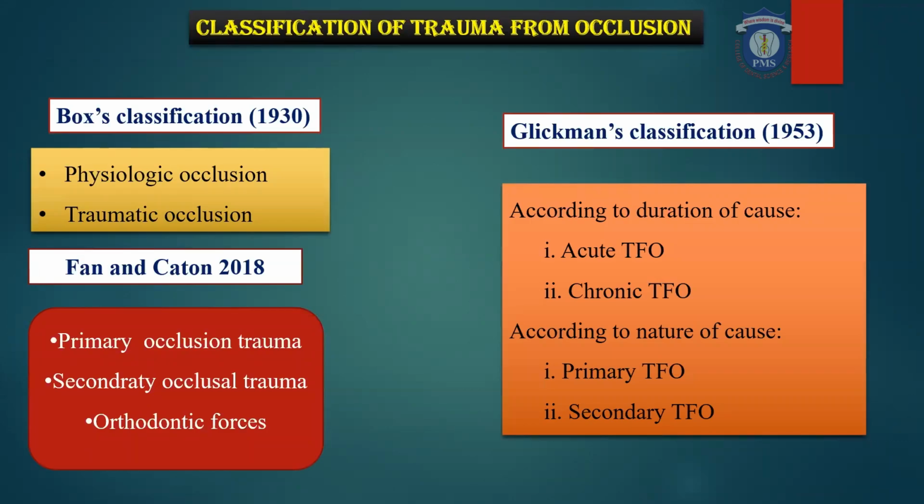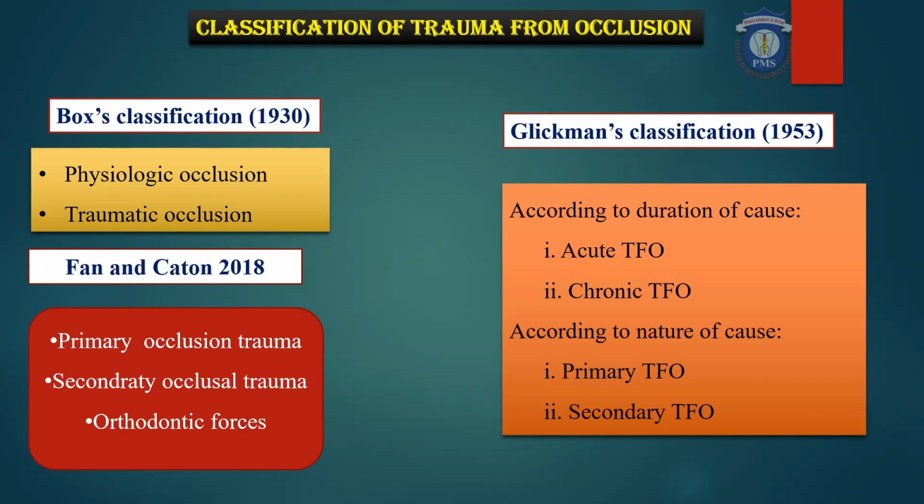Classification of trauma from occlusion. There are various classifications. Box classification, 1930: trauma from occlusion can be classified as physiologic occlusion and traumatic occlusion. Glickman's classification, 1953: according to the duration of the cause, trauma from occlusion can be classified as acute and chronic trauma from occlusion.